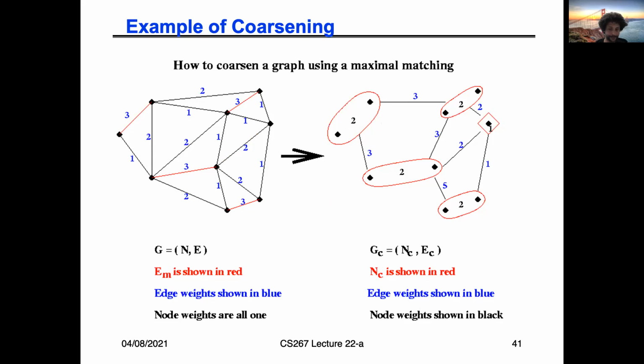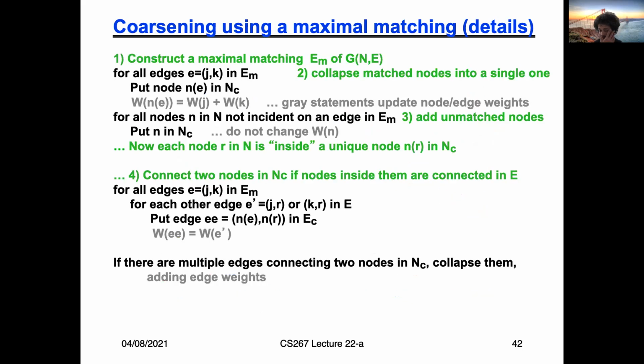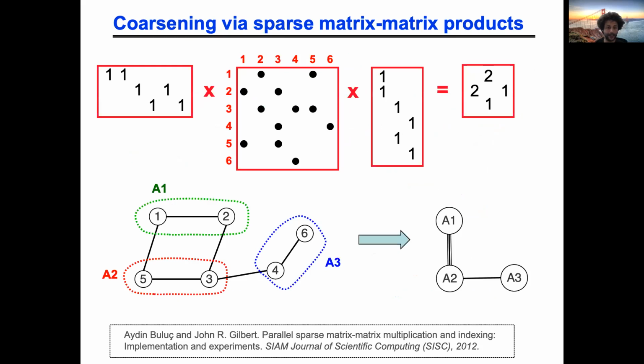So that's all there is. And here's a slightly more complicated way of defining it, a pictorial way with sparse matrix products. Assuming you have a matching, like the one I show at the bottom, the aggregates are 1, 2, and so on. You define an auxiliary matrix where each row has a 1 for the fine vertices that are part of that aggregate.